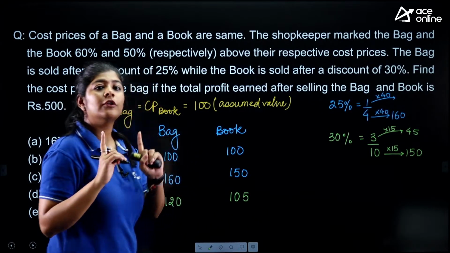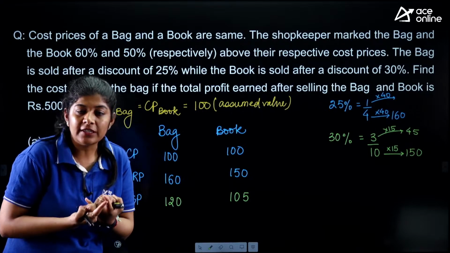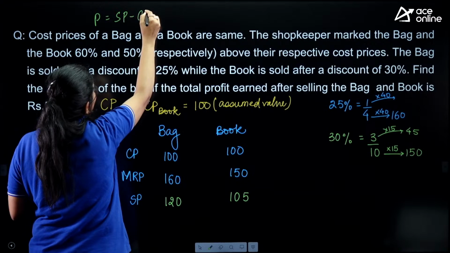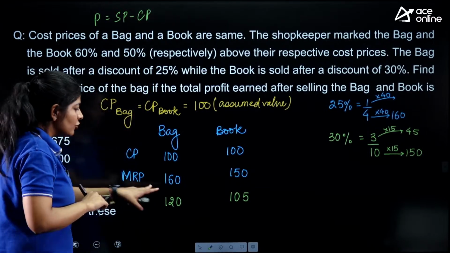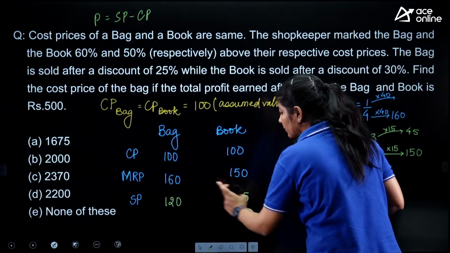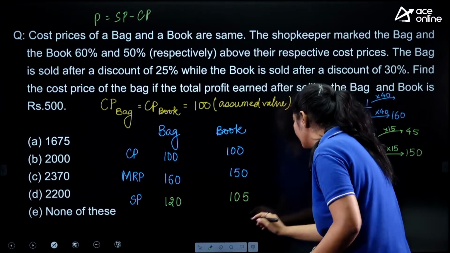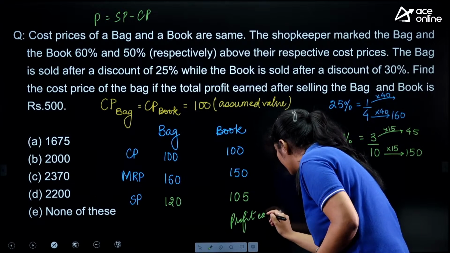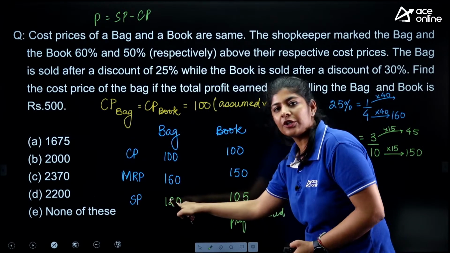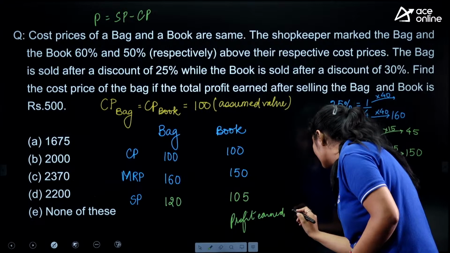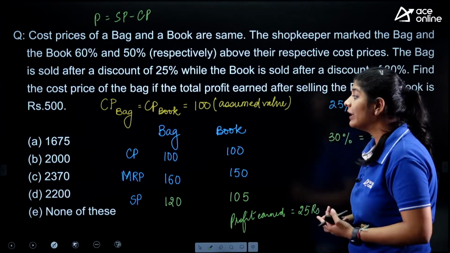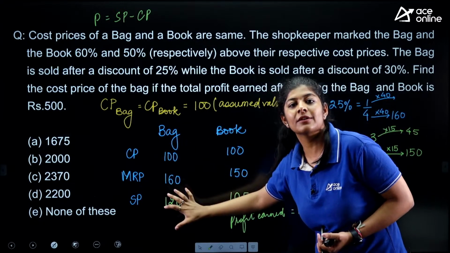Now if we want to calculate the total profit earned, profit is calculated as selling price minus cost price. So the profit earned with the help of these two, ultimately we got 25 rupees as a profit according to this calculation.